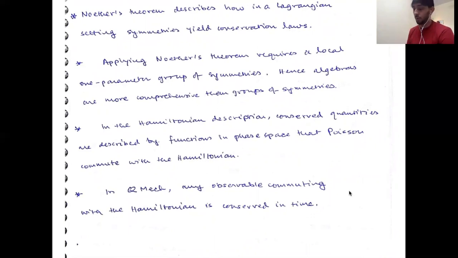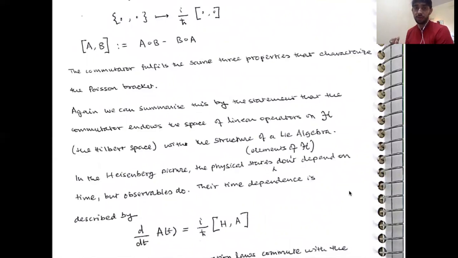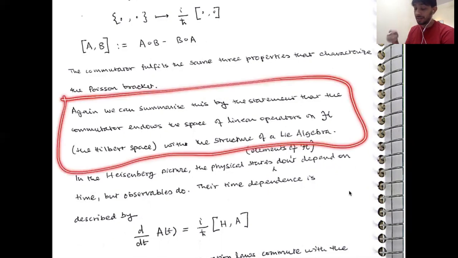There the Poisson bracket goes to iħ times the usual commutator bracket, which again has the same properties that characterize the Poisson bracket. We can summarize by saying that this commutator bracket endows the space of linear operators on the Hilbert space with the structure of a Lie algebra. Okay, so this is important.